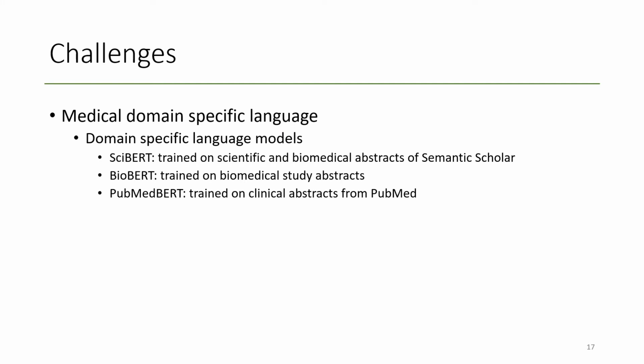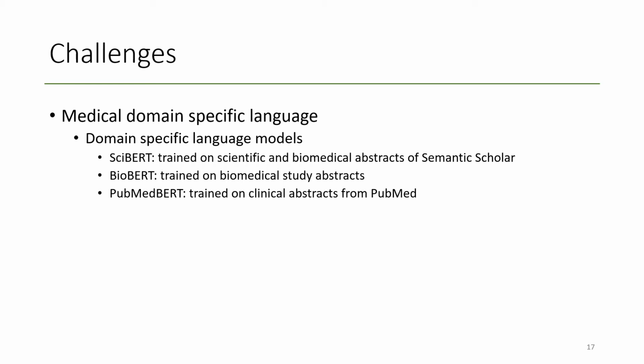So, as I already mentioned, there are specific challenges in the medical domain, which are challenges also for neural information retrieval methods. For example, you have domain-specific language in the medical domain, and therefore, if you want to use neural information retrieval methods for the medical domain, it is really important that you also use domain-specific language models.